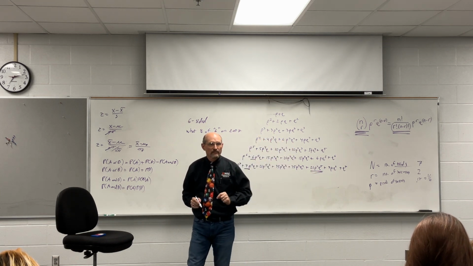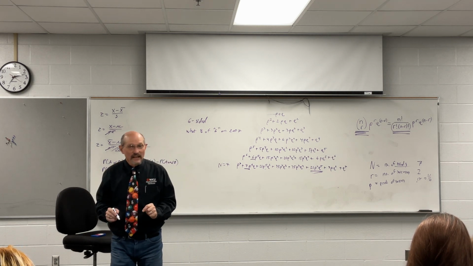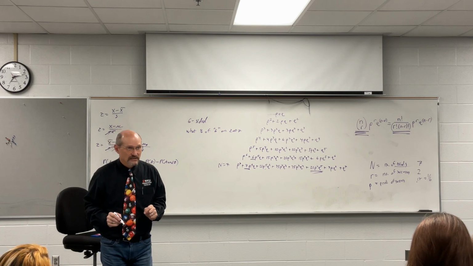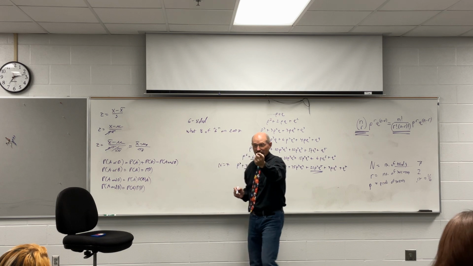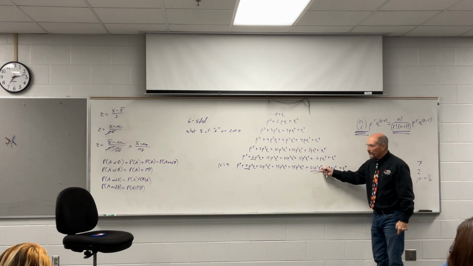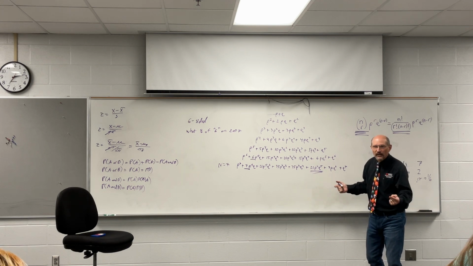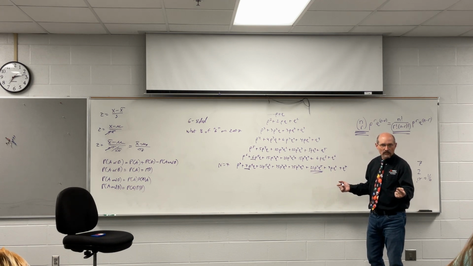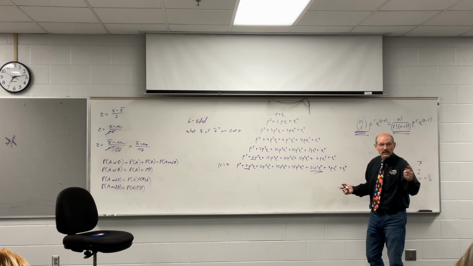If I've got 2 successes in 7 trials, how many failures do I have in 7 trials? Say it out loud. 5. If p squared, q is to the 5th. P is a success, q is a failure. What am I calling a failure? Anything not a 6, that's 1, 2, 3, 4, 5.